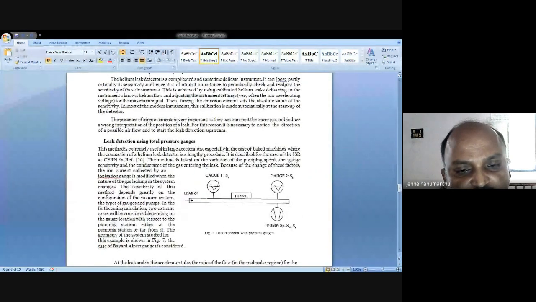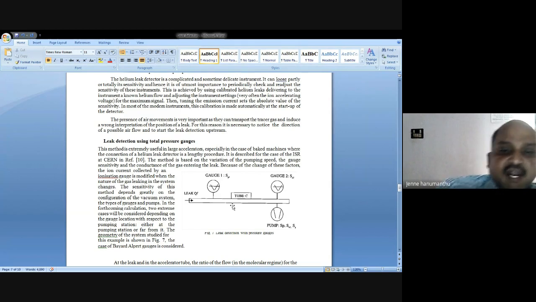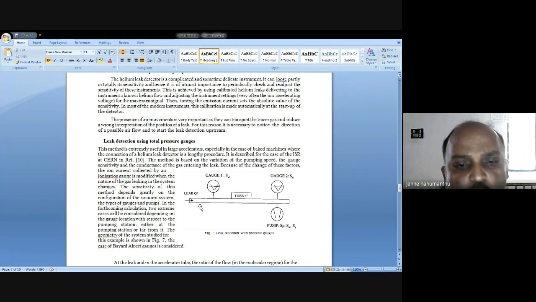It is also a pressure gauge. So here is a long line pipe with pressure gauges. Leak detection using total pressure gauge. Total pressure gauge is like a hydrostatic one. See, it is a long pipe, a long tube.